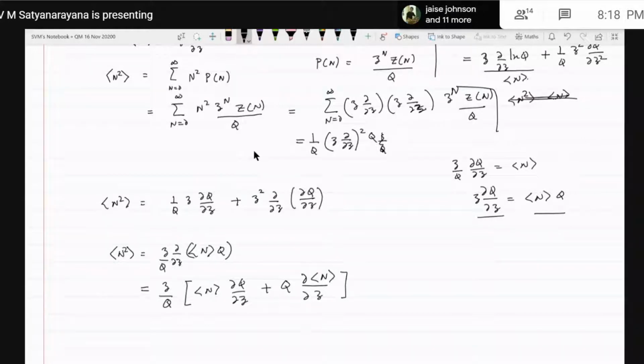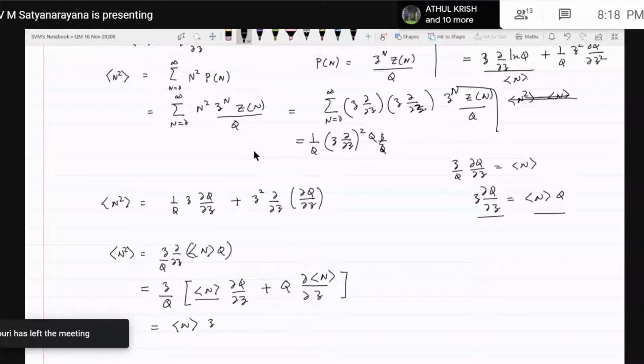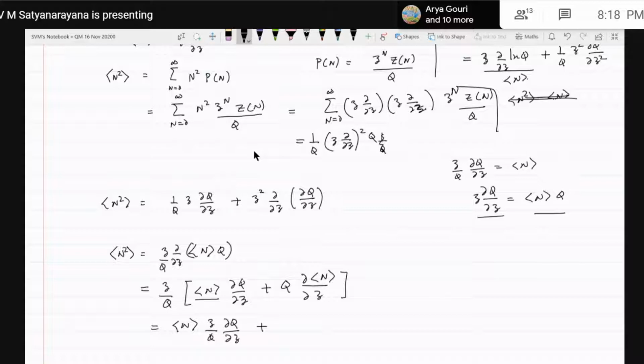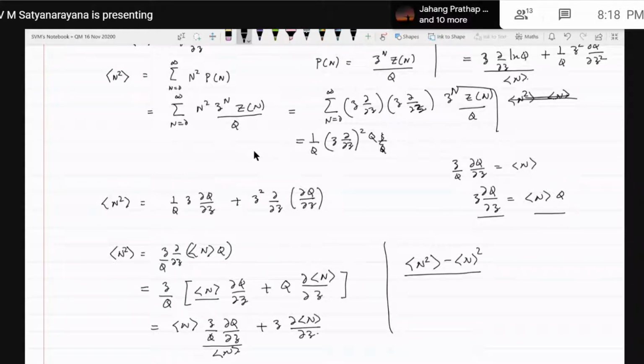Okay, so this is equal to, this is n, and z by Q into dou Q by dou z is another n, plus z into dou n by dou z. So this is also n, so this is n square. That means you have average n square minus average n the square. This is the variance in n, and that is given by z into dou n by dou z.